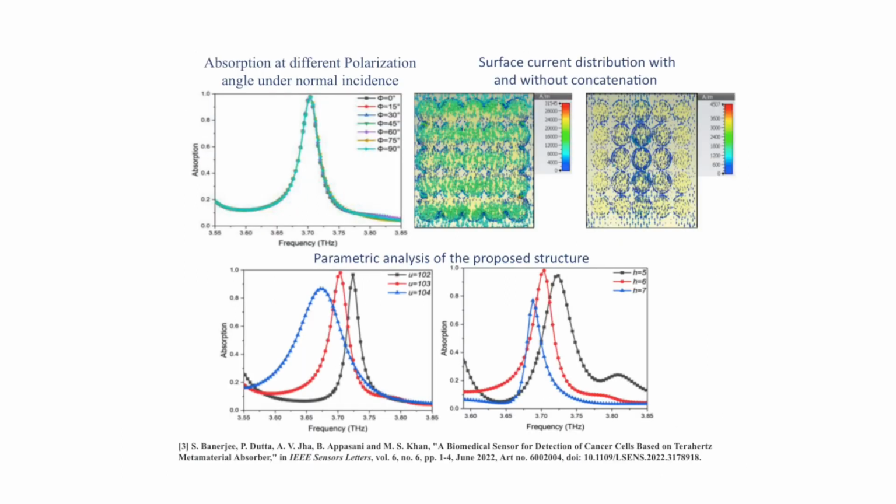These images represent the electric and magnetic property for this metamaterial based absorber, and it is also showing the parametric analysis, how the absorption frequency is changing with different types of design parameters.